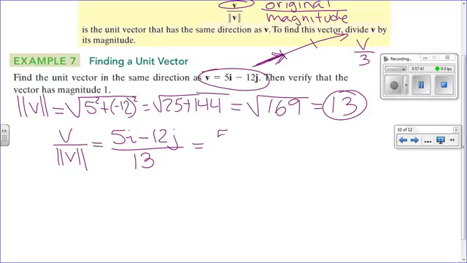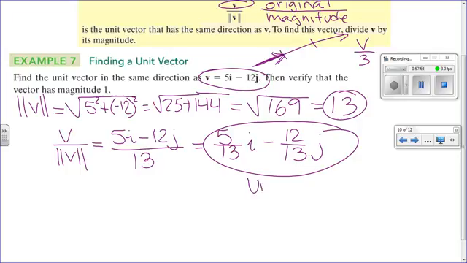So this will be 5 over 13 i minus 12 over 13 j. And so this will be the answer, the unit vector of vector B. Any question on that one?